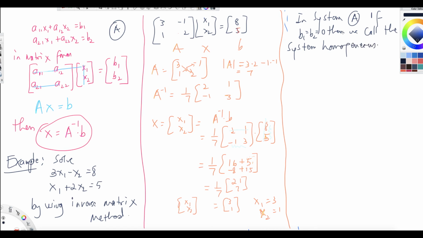If the right hand side of both are 0, meaning the constant terms here are 0, then we call the system homogeneous. For a homogeneous system, the graph always passes through the origin. In that case, 0, 0 is one of the solutions.